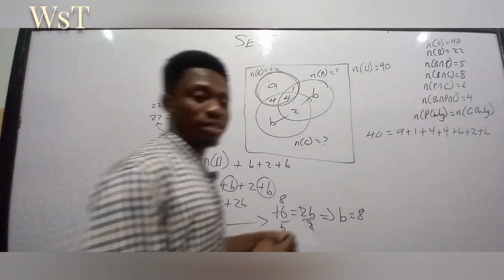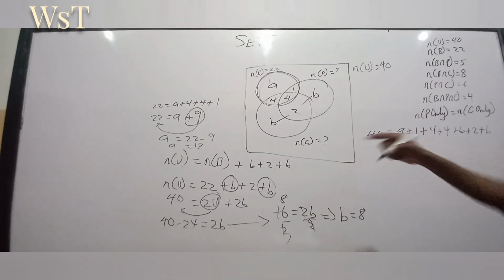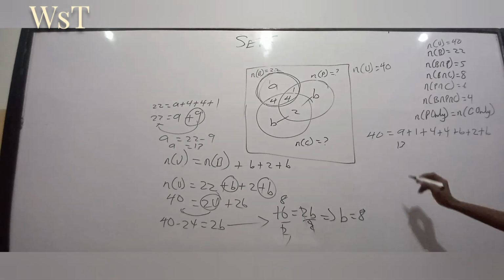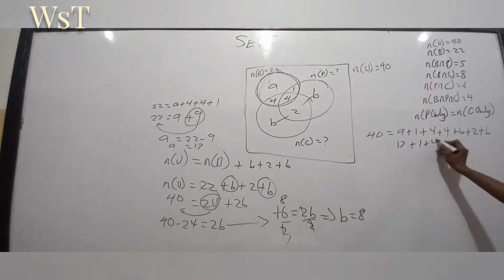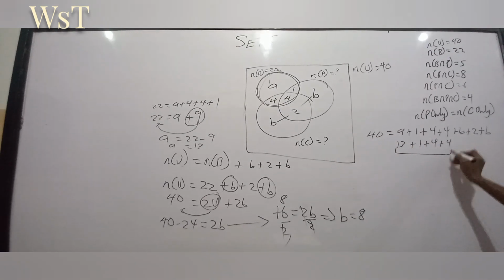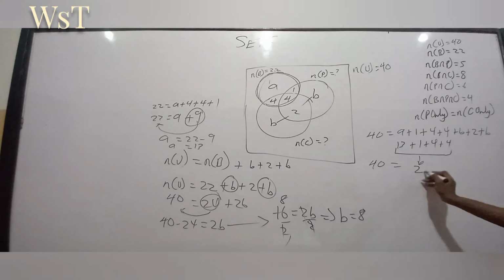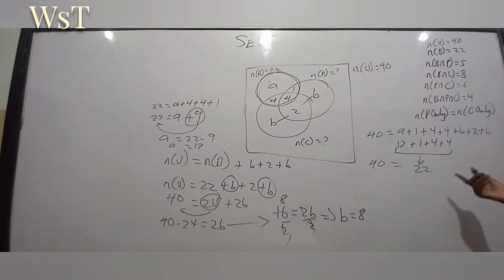Okay, 13. So now we know A to be 13. Plus 1 plus 4 plus 4 is what? Add all this and let me see what you will get. 40 is equal to 22. You see, you get back to 22.